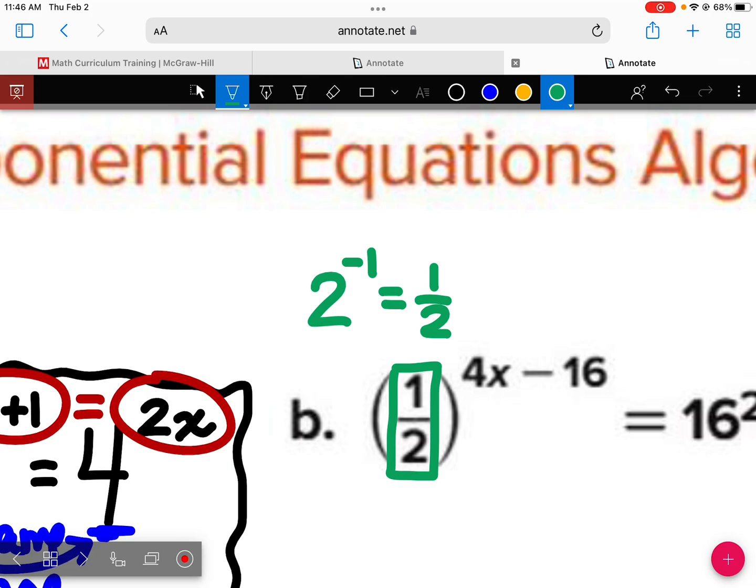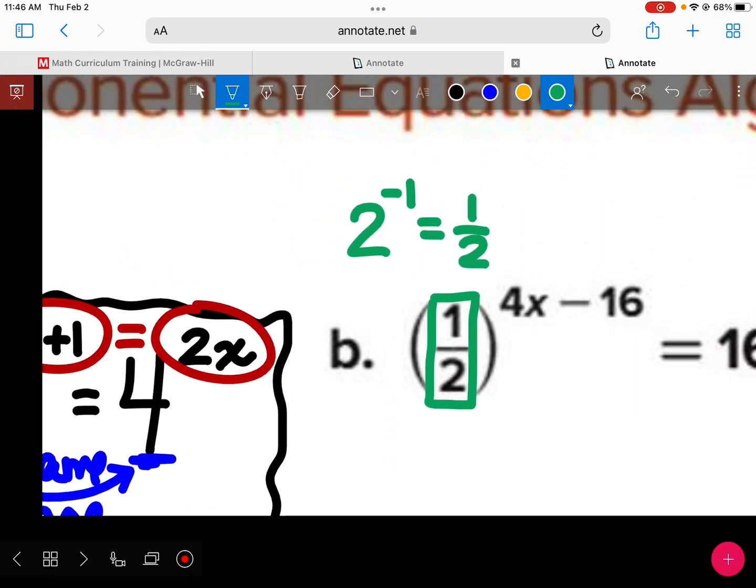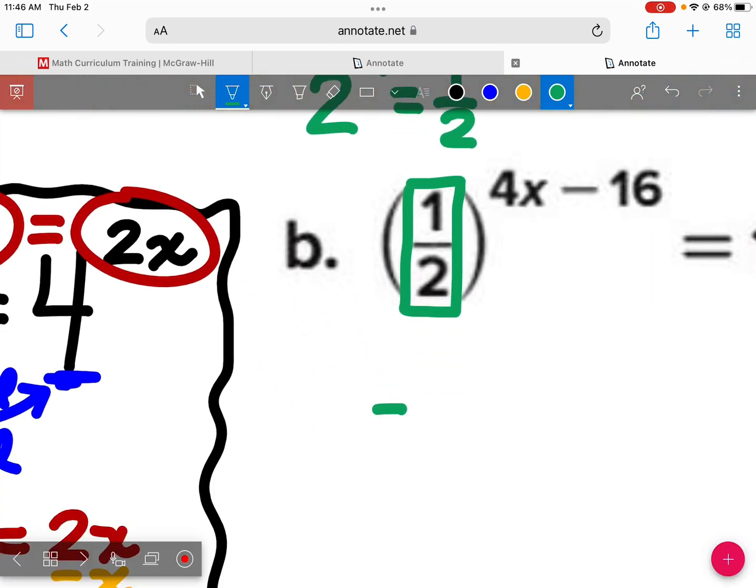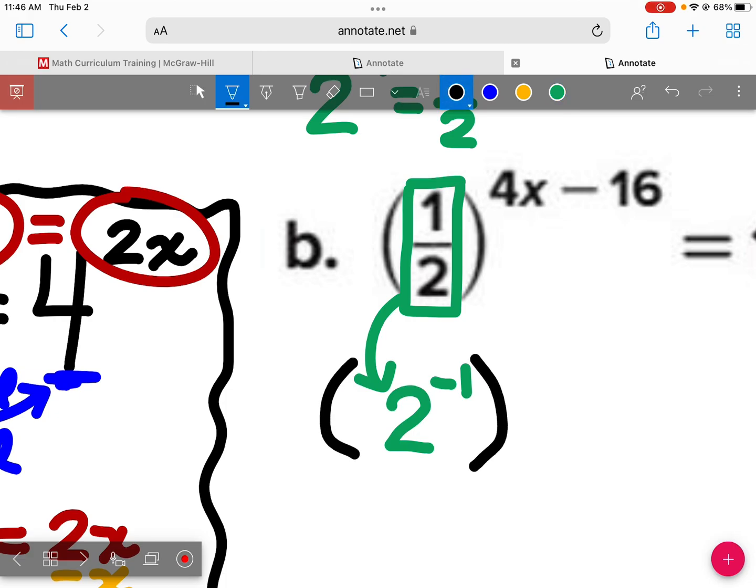I just didn't write that step in. I'm sorry, I was running out of room. So I can replace the 1/2 with what? 2 to the negative 1 can take the place of the 1/2. And what kind of exponent do I need on the outside of that? 4x minus 16, yes.